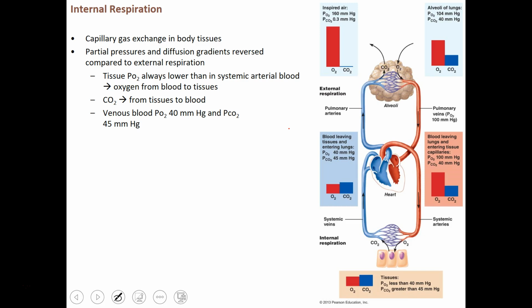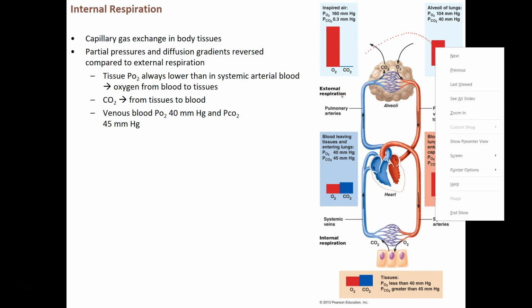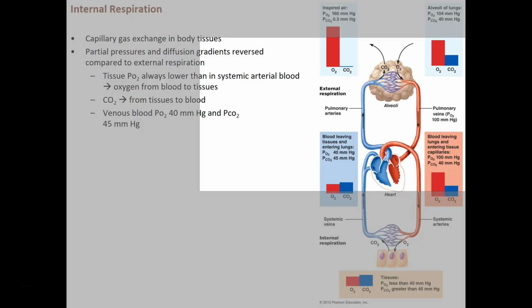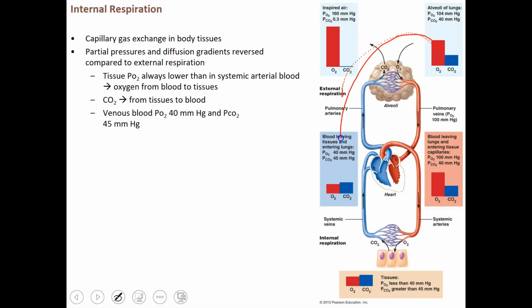Now, so we've got oxygen that goes from lungs to the blood, and we've got CO2 that goes from the blood into the alveoli. So essentially, the blood that leaves the lungs and enters the capillaries has a lot of oxygen and very little CO2.